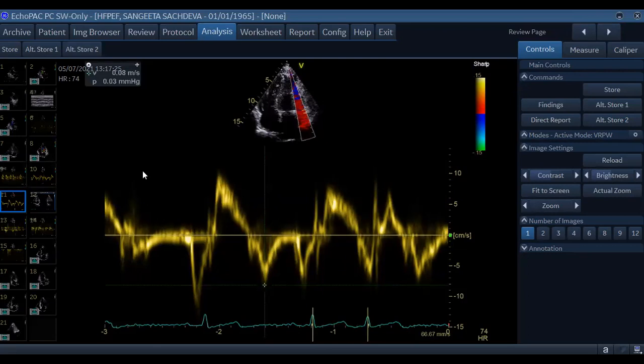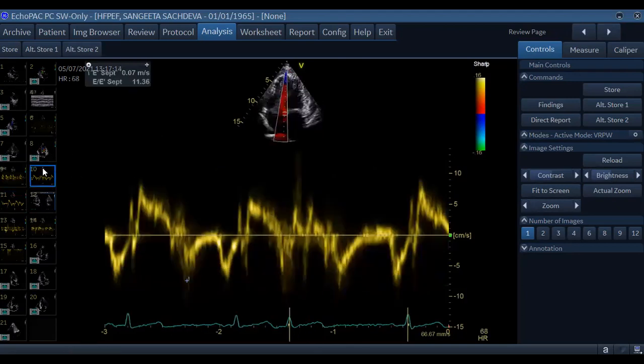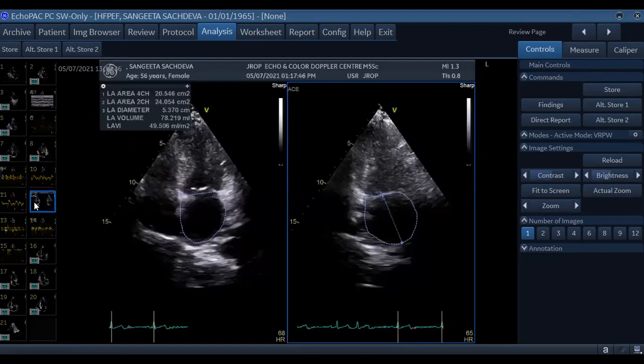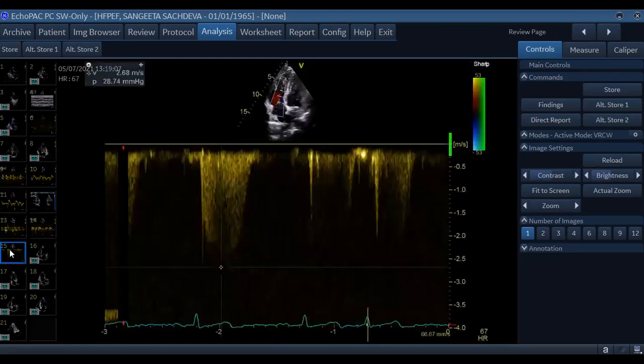Rahul, E prime septum is 7, E prime lateral is 8, mitral wave is 85 and 76. Ratio is 1.12. Then we go for LA volume. LA volume is 49.5 ml per meter squared body surface area, and the TR jet velocity is almost 2.68 meters per second.